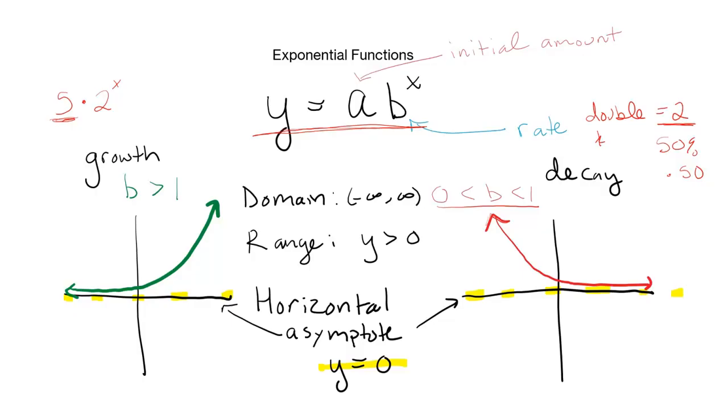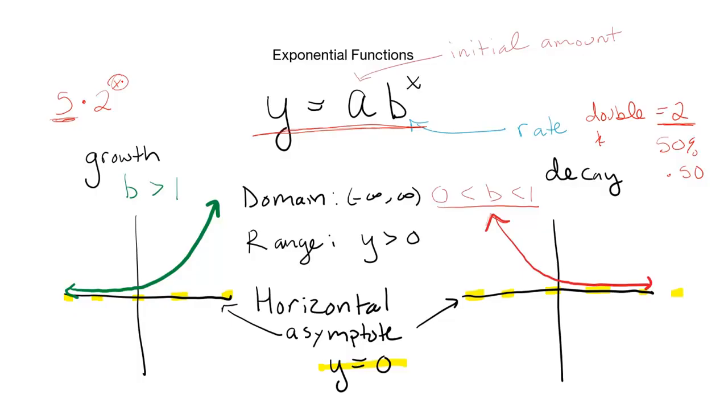The parent function will not touch it. There is nothing that you can plug into this x value and get out a 0. Even if I put a negative in for x, or I put a fraction in for x, I will not get 0. It's not possible.